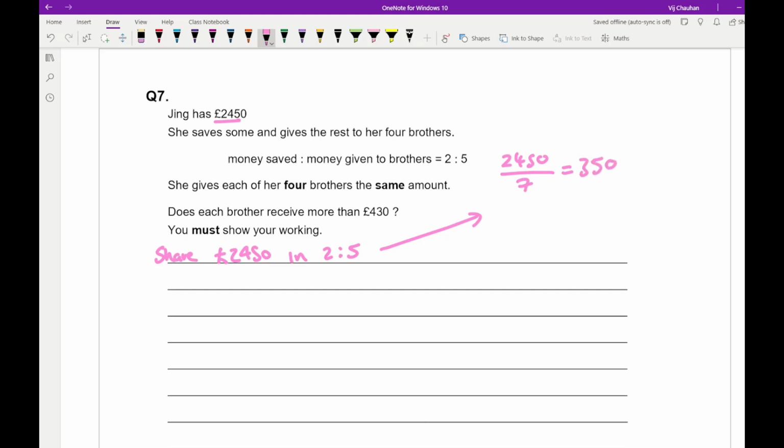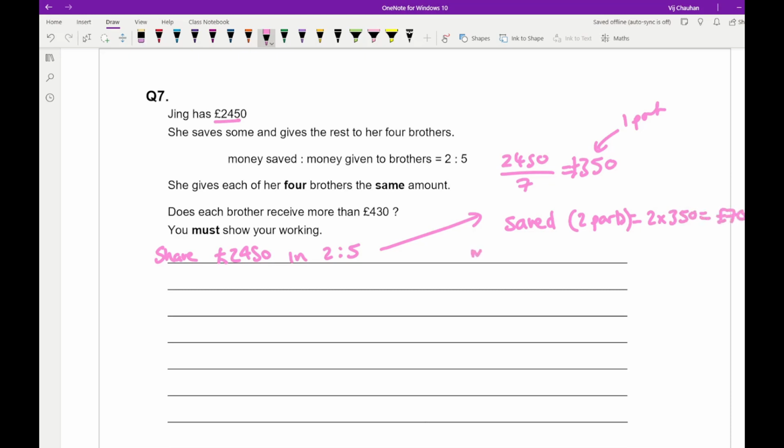So then, in terms of the money saved, which is 2 parts, 350 equals 1 part, so 2 parts is going to equal 2 times 350, which is 700.